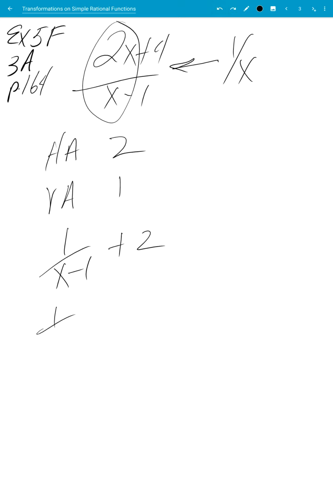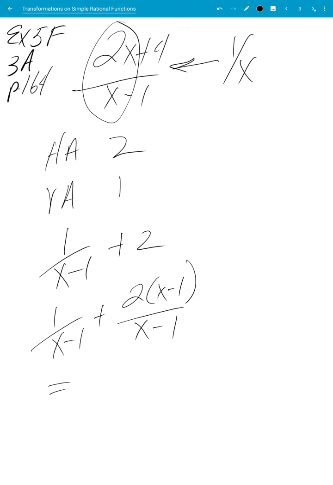So I have my 1 over x minus 1, and then I have over here plus, multiplying top and bottom times x minus 1. I got this. So now this is going to give me 1 plus 2x minus 2, and that's all over x minus 1.